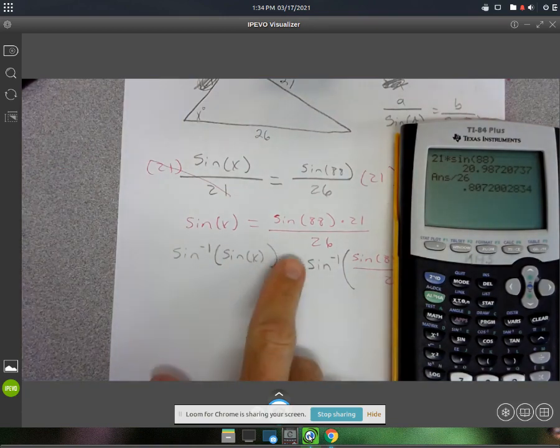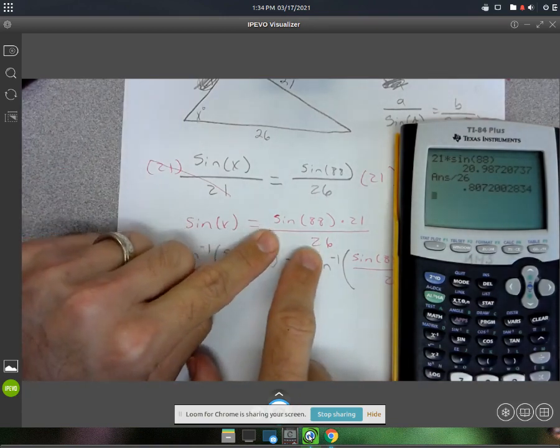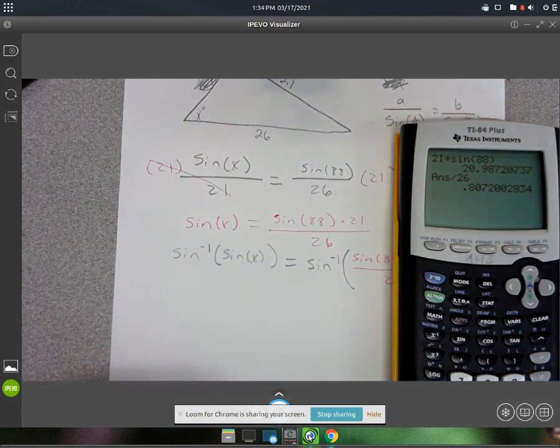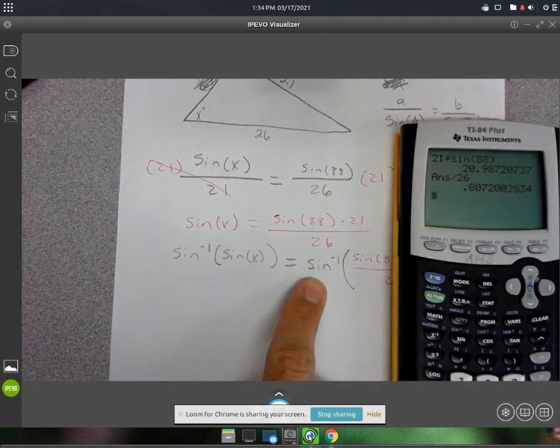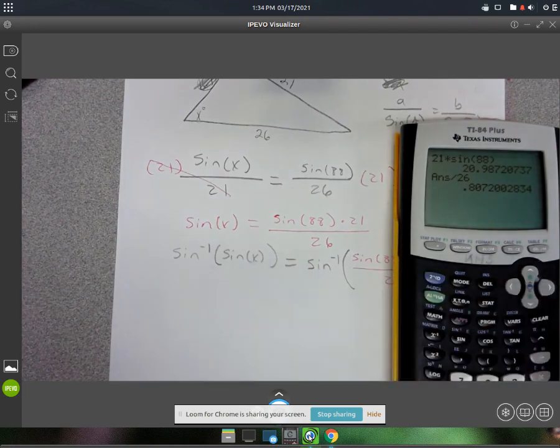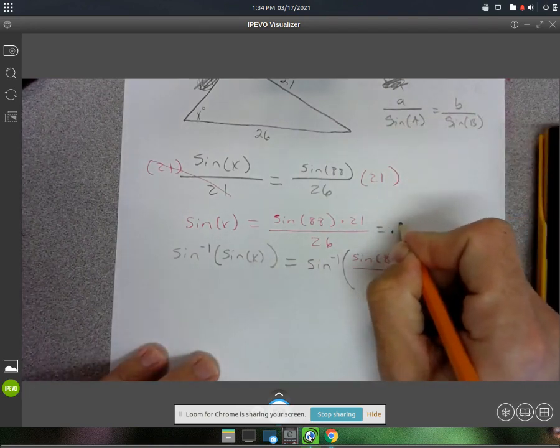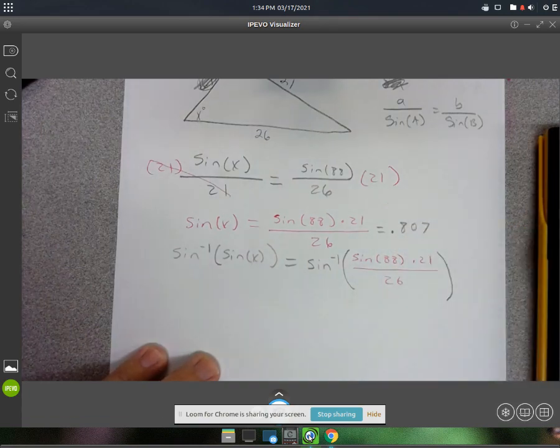That's what this part equals right here, 0.807. But since you're wanting to find out what angle you have to take the sine of to get that, that's where the sine inverse comes in. We're going to take the sine inverse of this 0.807.